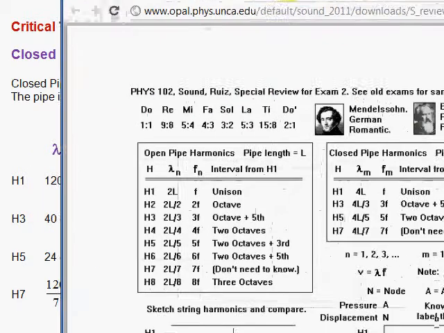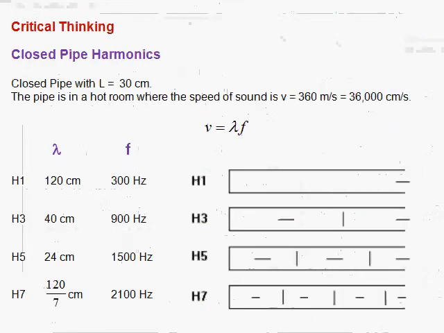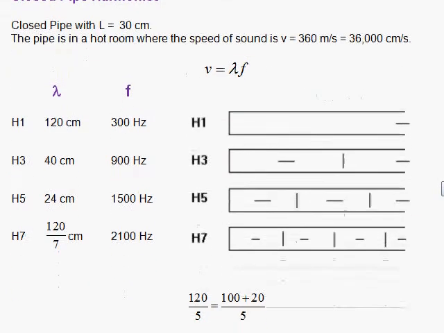To get the next case, which is the fifth harmonic, because we skipped the even ones, so we skip 4, then we want 4L divided by 5. Well, here's the 4L. It's 120. Divide that by 5, which we can do with the shortcut.